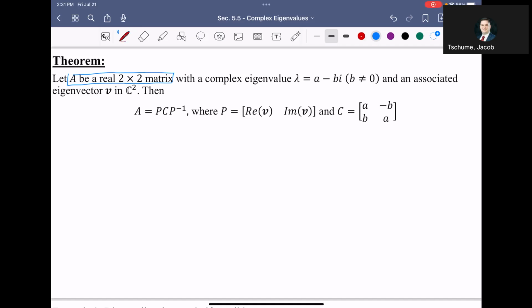For this theorem, and the way I'm going to define the formulas here, we only need to use one of the lambdas. The only lambda you will need is the one that has the subtraction in it. You can find the plus one, it doesn't really help us with anything, but we're going to use the minus for this problem.